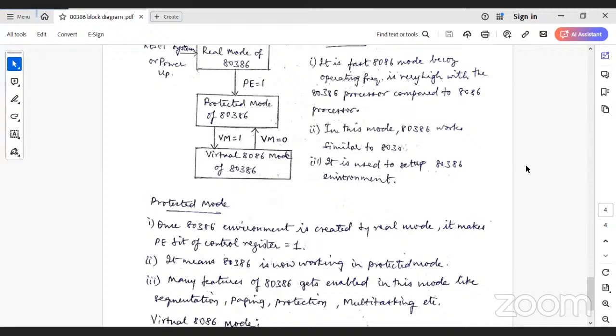If you see your material, the real address mode is given. The discussion is real address mode, protected virtual address mode of operation. If there are some more points in that, and you are able to reproduce them, then that also is enough. Otherwise, this much you have to tell in any way. These points at least you have to write.